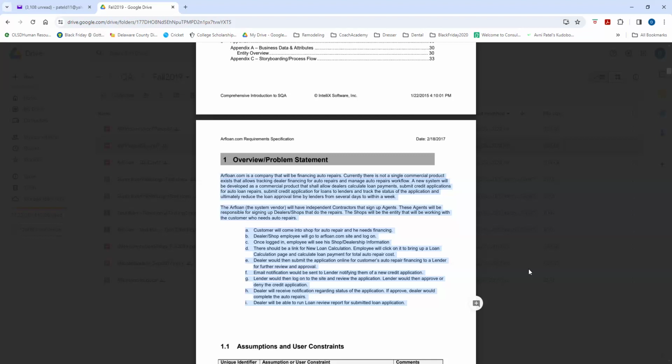That's where managed dealer comes in. Somebody from Arfloan will go in and set up the dealers in the system. So it's more like keying in the dealer information, setting them up before the dealer can do any other functions in the system.